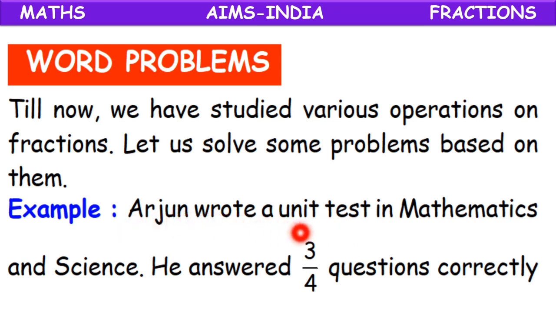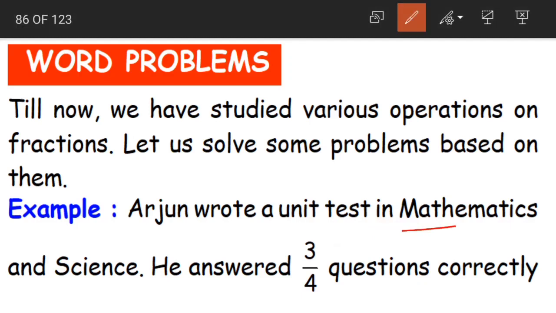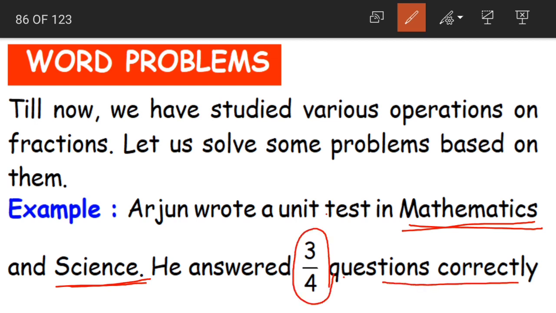Our Arjun here wrote a unit test in 2 subjects. What are they? In mathematics and in science. So Arjun wrote a unit test in 2 subjects, mathematics and science. And what did he do? He answered 3 by 4 of the questions correctly from the subject mathematics.